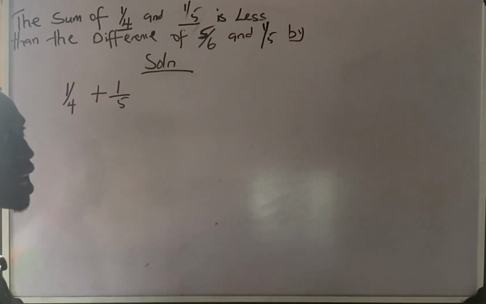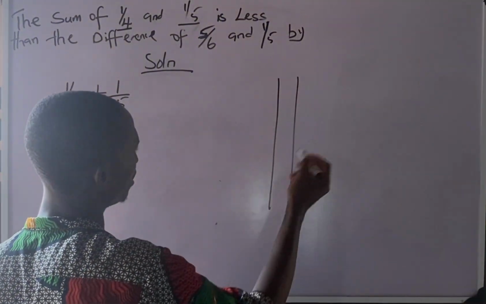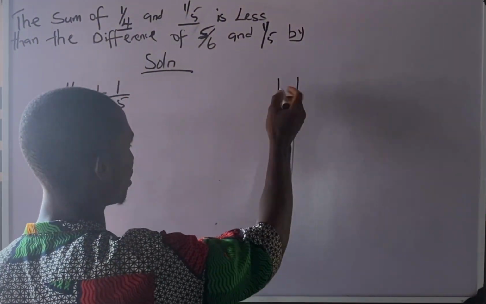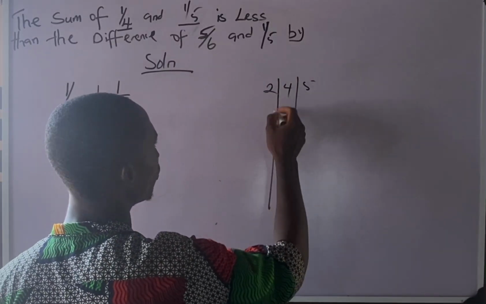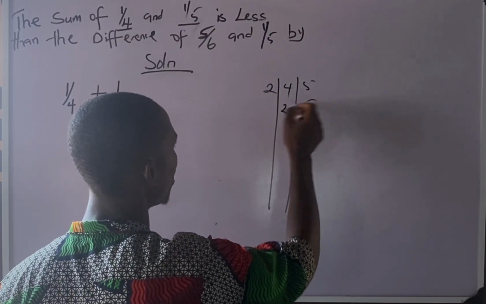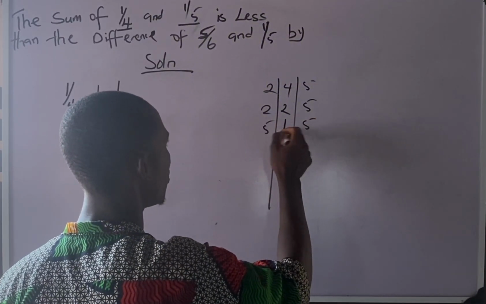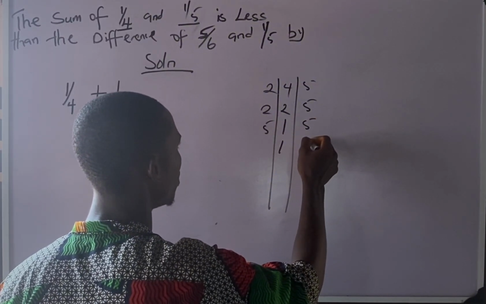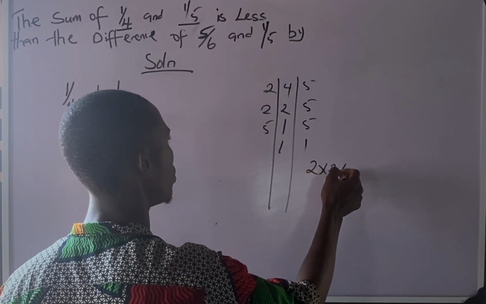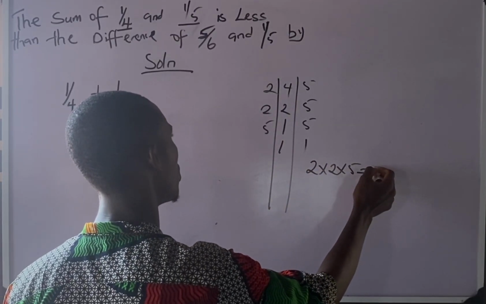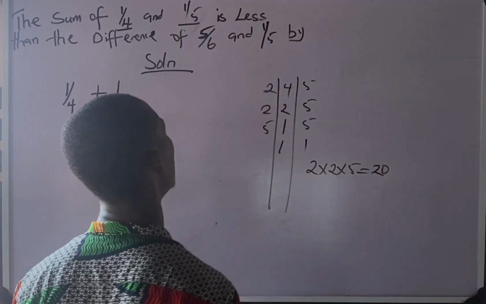For 4 and 5: 2 going into 4 gives 2, 2 going into 5 gives 5, 2 going into 2 gives 1, 2 going into 5 is 5, 5 going into 5 is 1. So that is 2 times 2 times 5, which is 4 times 5, equals 20.